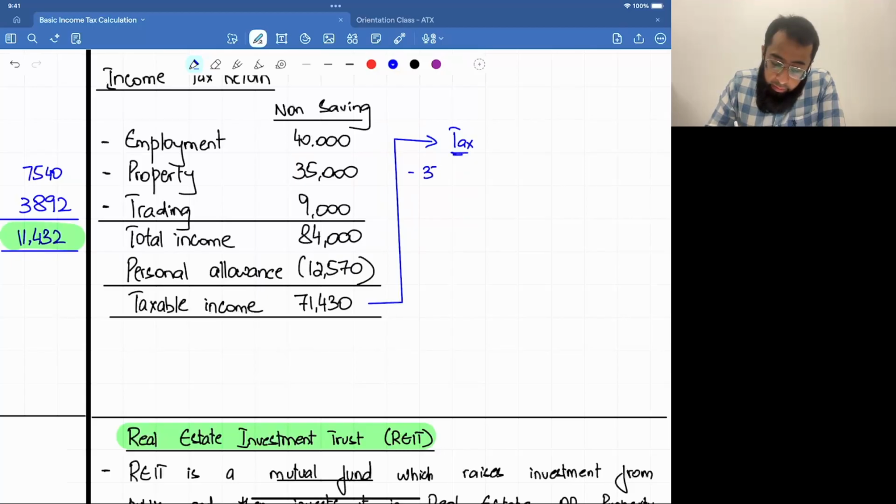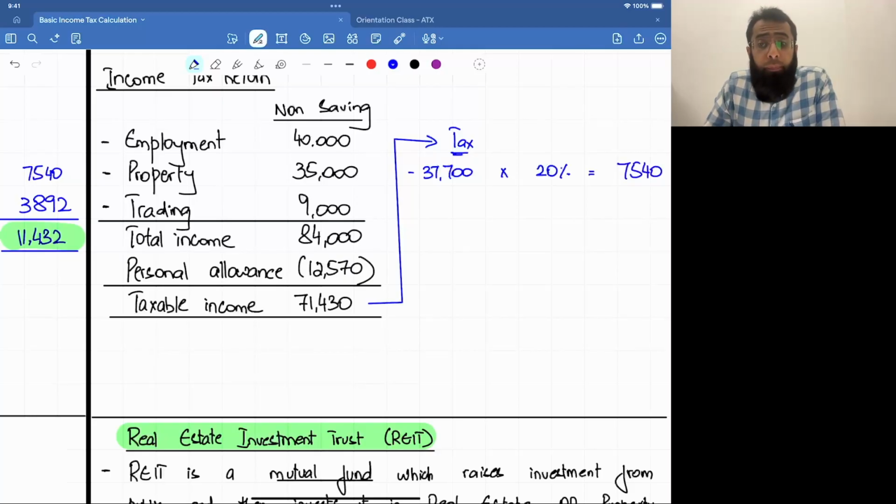On 37,700, you will charge 20%. So that gives you 7540. Then on the balance, you will charge 40%.